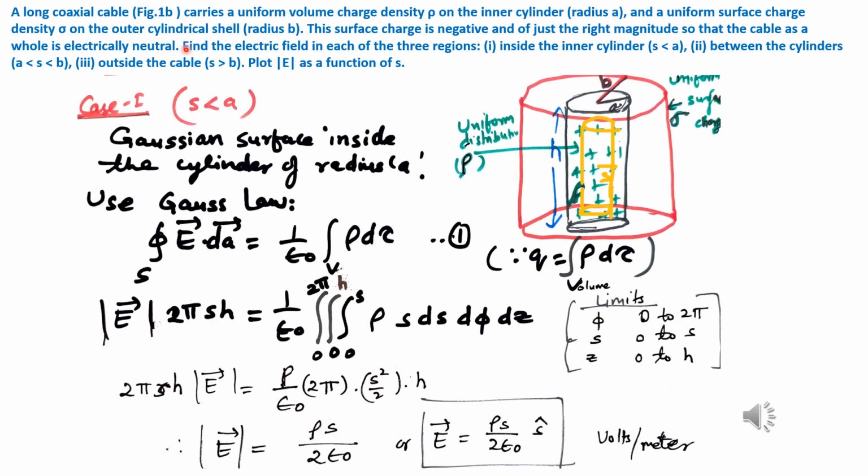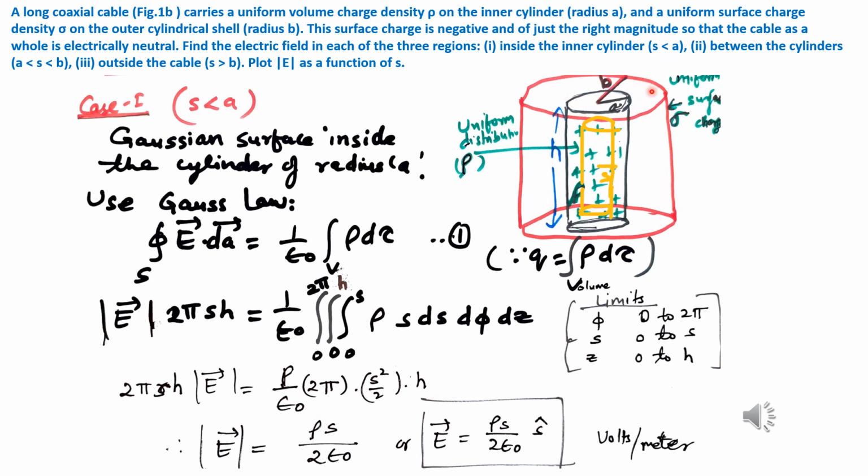Now we discuss the case of a coaxial cable which has an inner cylinder and an outer cylinder. The inner cylinder has radius small a, the outer cylinder has radius b, and we have to find the electric field at a point inside the inner cylinder, outside of both, and also in between a and b.